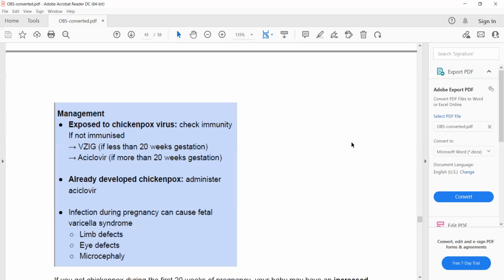Remember that acyclovir is otherwise only given to patients who develop chickenpox, either if they are pregnant or immunocompromised. But this is the only case in which we are giving acyclovir for prophylaxis or prevention. And that is if a woman who is exposed to chickenpox and is not immunized and is more than 20 weeks gestation.